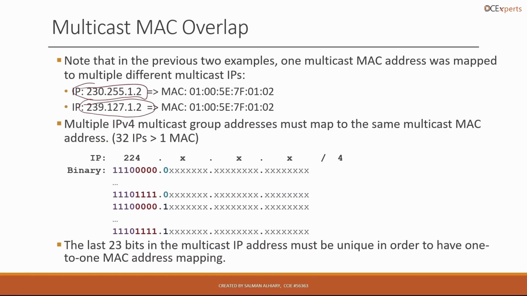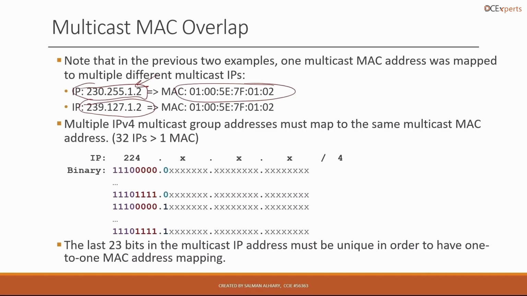The same source is streaming in these two groups. Both are mapped to the same MAC address, which is this one here, right? If the host is interested only in the packets from the first group here, it cannot differentiate the other groups at layer 2. All the frames are passed to a higher layer where the uninterested frames get discarded, while the interesting frames are sent to the application for processing.